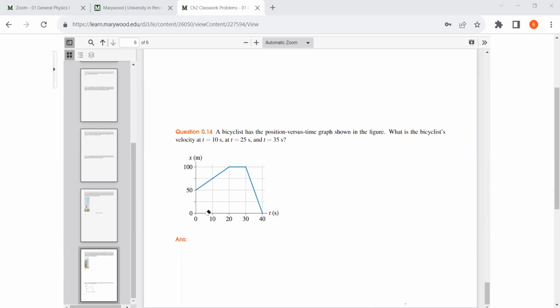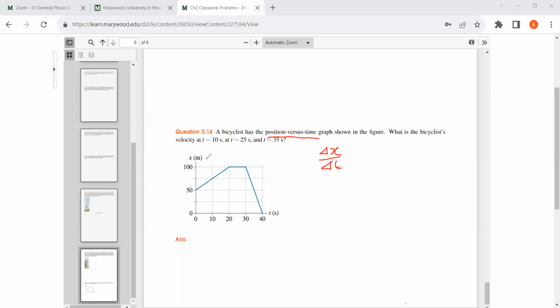Here a bicyclist has the position versus time graph shown in the figure. So it's basically the position versus time graph. And if you remember from the theory, the slope of a position versus time graph is velocity. So when we have a position versus time graph, the slope is basically delta x over delta t.